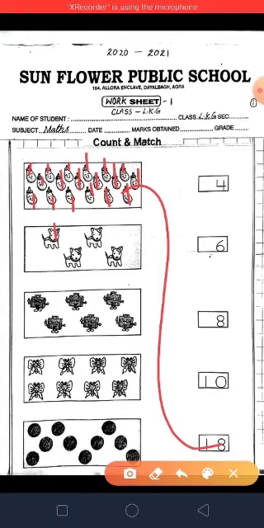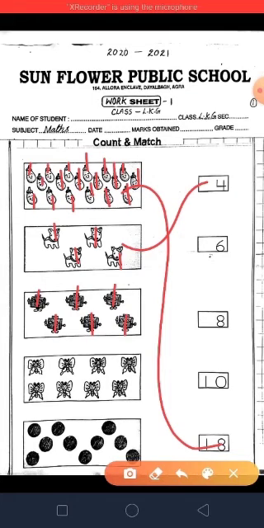1, 2, 3, 4. There are 4 dogs in this box. Match with number 4. 1, 2, 3, 4, 5, 6.